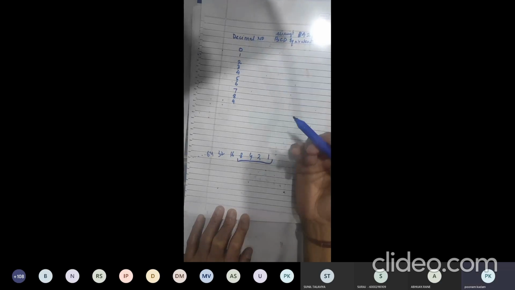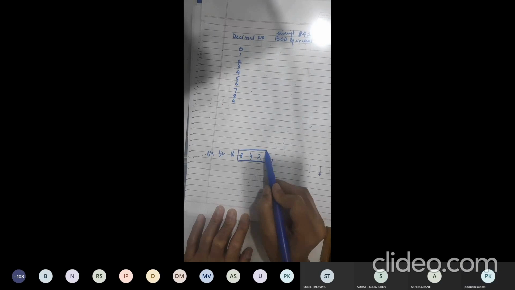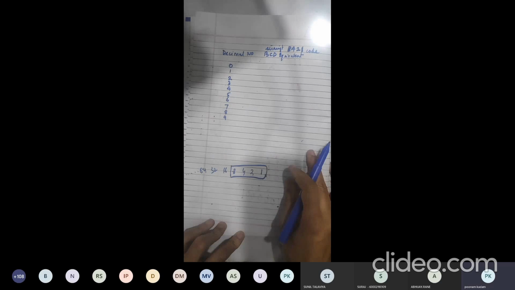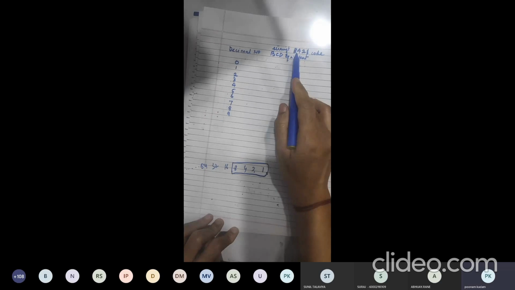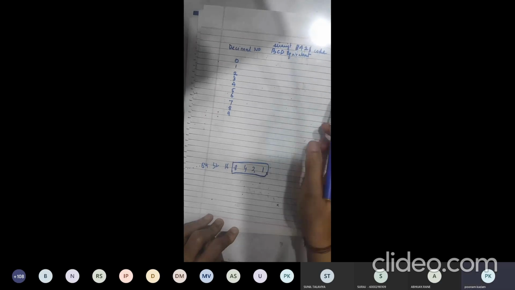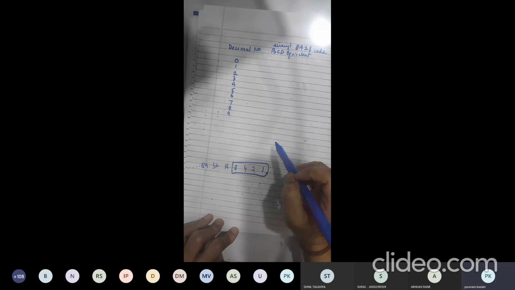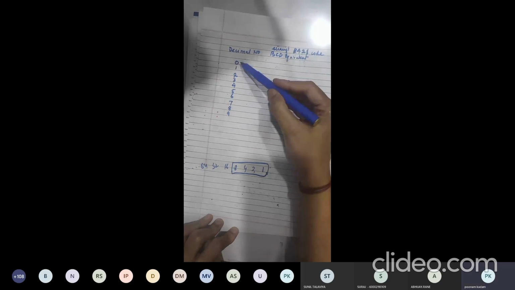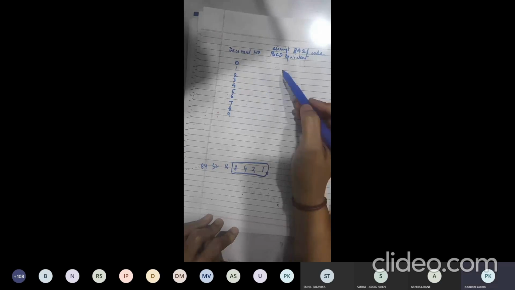If you look at the code, the first 4 weights are 8421. In a natural BCD code, I said it is the 8421 code. What does it imply? It means that in the 8421 code, the decimal numbers from 0 to 9 are represented by their straight 4-bit binary equivalent.